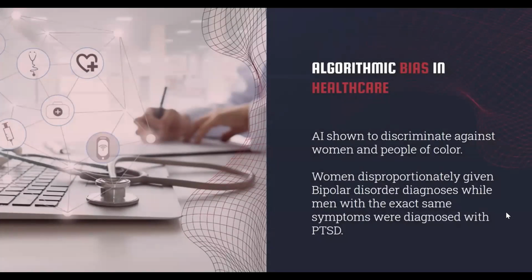In a study by Straw and Callis and Birch, biases were found in an AI used to diagnose patients. The data used to train the AI was riddled with discriminatory practices, and that translated into the AI's operations. The study found that the AI dismissed pain in women and people of color, and in side-by-side comparisons, diagnosed women with bipolar disorder, while men with the exact same symptoms were diagnosed with PTSD.